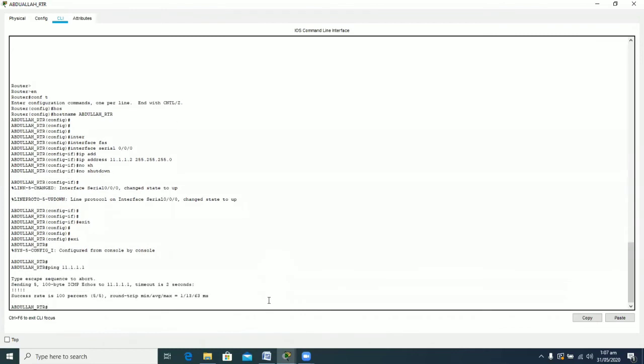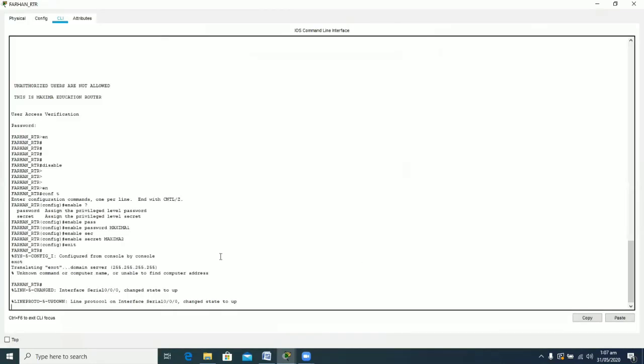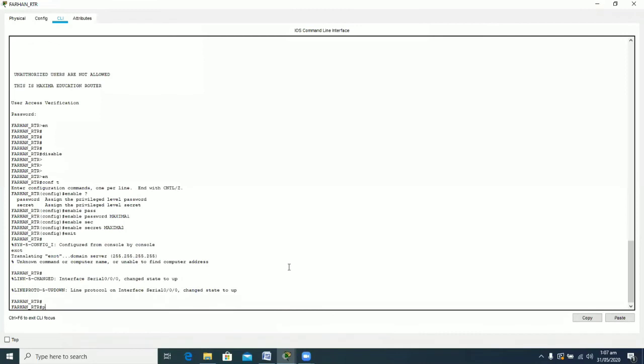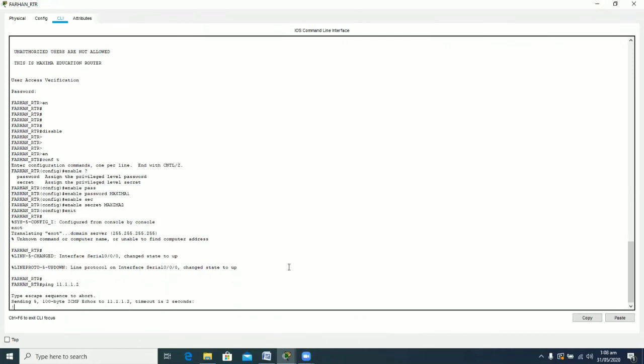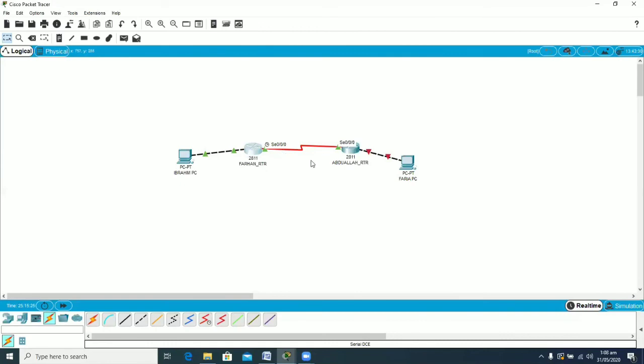So the ping is proper, and from Farhan router we can ping the Abdullah router, and we have this ping command. Ping 11.1.1.2 was the IP of Abdullah router, and you can see that 5 ICMP echo request packets were sent and 5 are properly received by us. So this network is properly working.